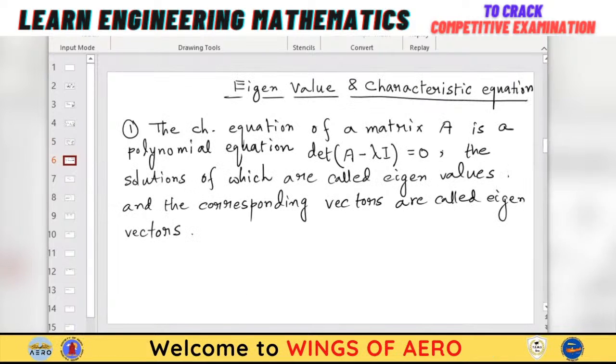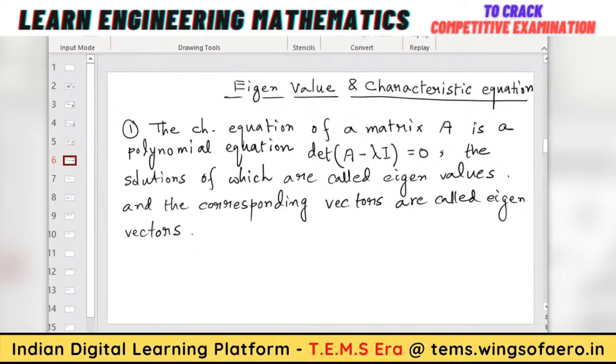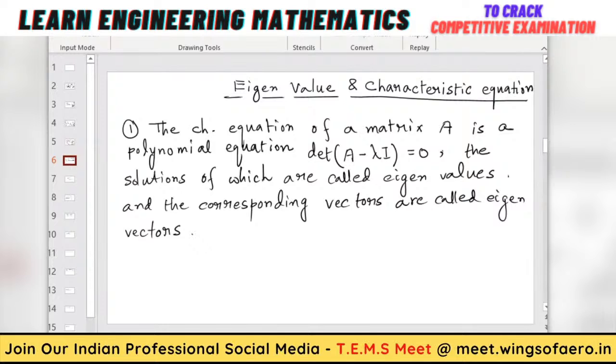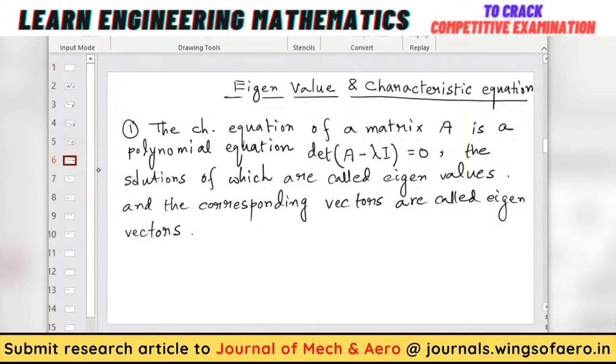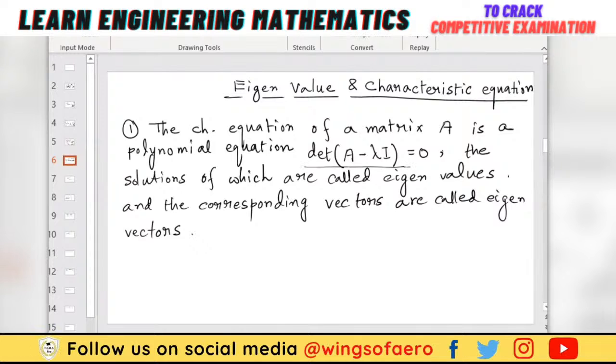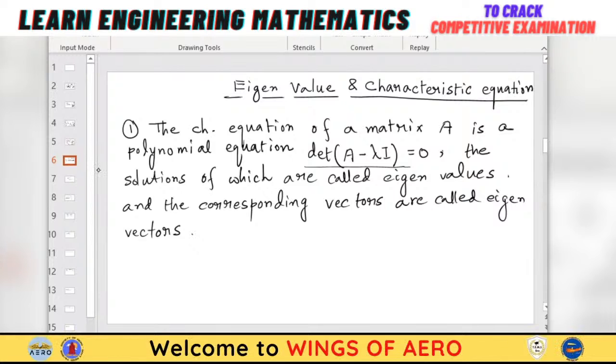Next I am going to the eigenvalue and the characteristic equation. You all know what eigenvalue and characteristic equation are. If I solve the characteristic equation of a matrix, then we can get the eigenvalues. Now what is the characteristic equation? Just giving you one example.